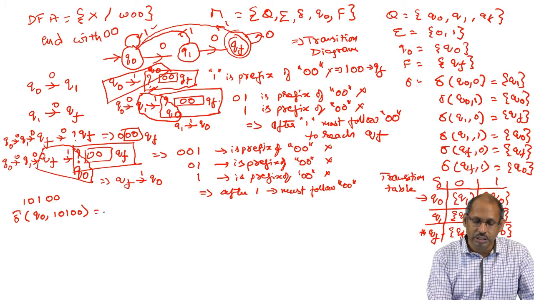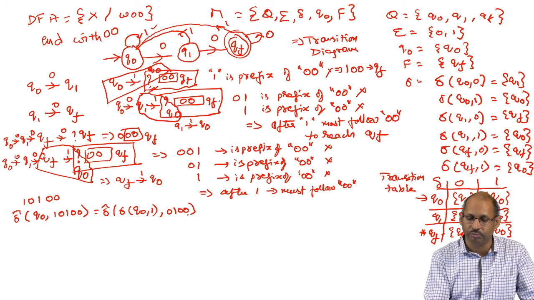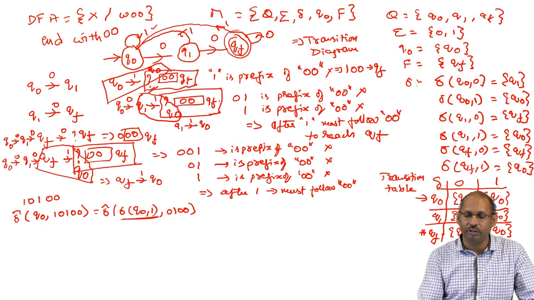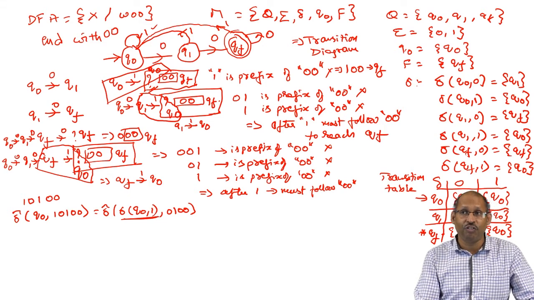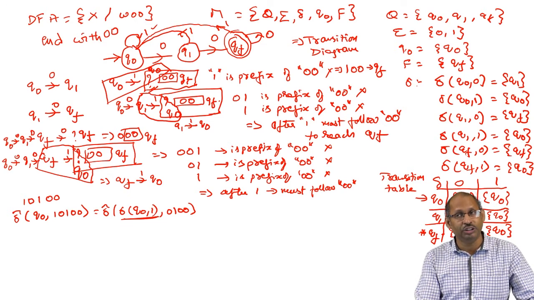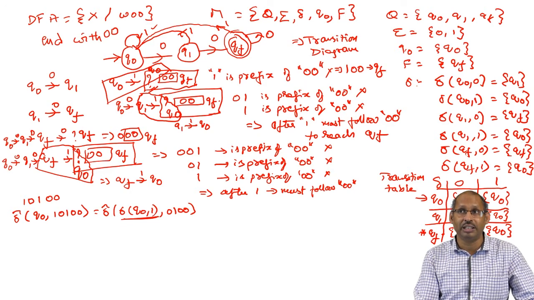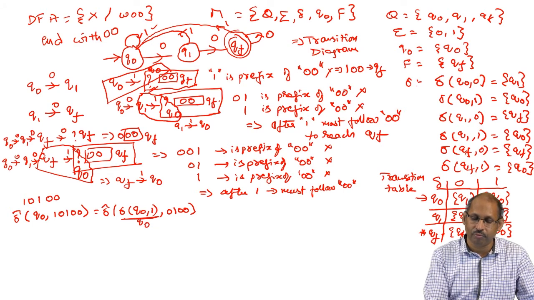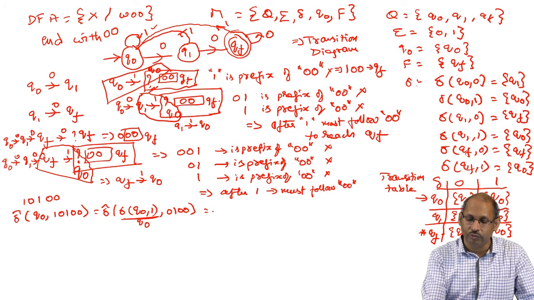First, the transition of Q0 on 1, comma 0, 1, 0, 0. Now, Q0 on 1, where does it go? If you refer to the transition table, Q0 on 1 is Q0 only. And if you refer to the transition diagram, Q0 on 1 is Q0 only. Now we write this as Q0, remaining symbols 0, 1, 2 zeros.